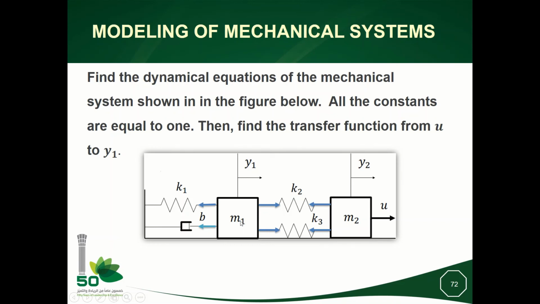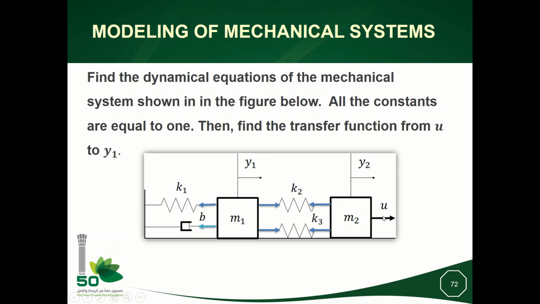So now if I write M1 times the acceleration, meaning Y1 double dot, the second derivative of Y1, equal to the sum of the forces. The sum of the forces applied to this mass is this force, this force, this force, and this force. And the mass M2 times Y2 double dot will be equal to U minus this.